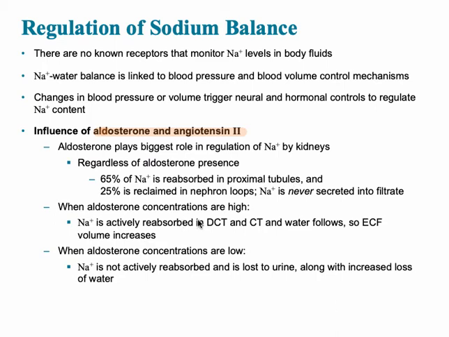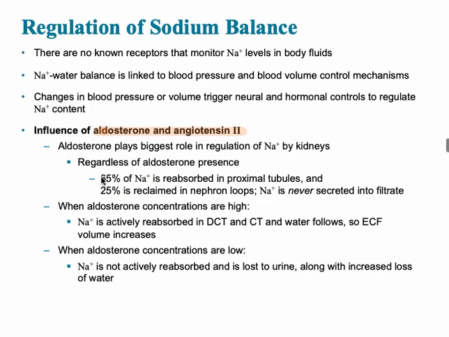So, aldosterone, remember, the main thing that it does is it reabsorbs the sodium by the kidneys, and specifically 65% or thereabouts is reabsorbed in the first part of the renal tubule, the PCT, the proximal convoluted tubule, and then 25% of it is reabsorbed, reclaimed in the nephron loop, specifically the ascending limb, as the nephron loop is returning back into the cortex.